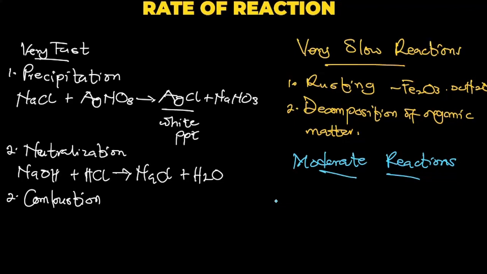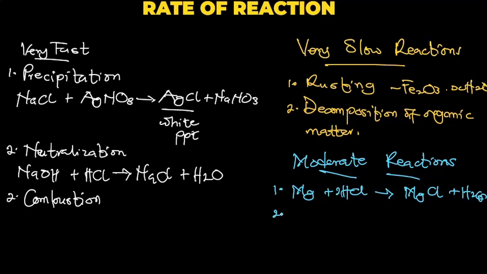You are going to have magnesium chloride and then hydrogen gas. So this is a typical moderate reaction.